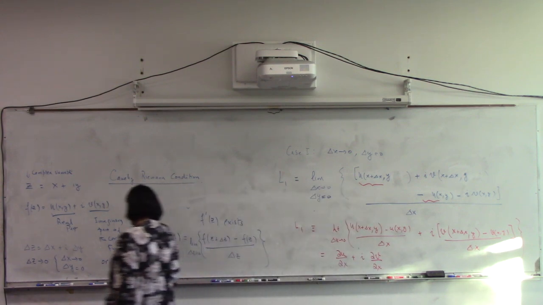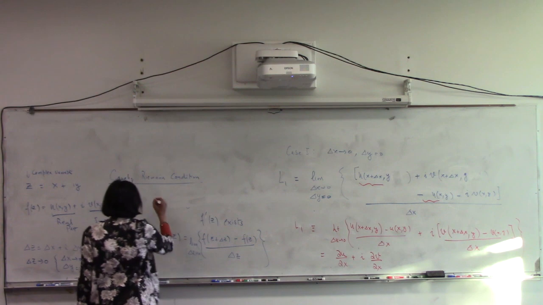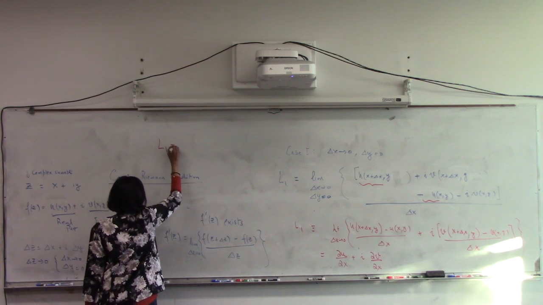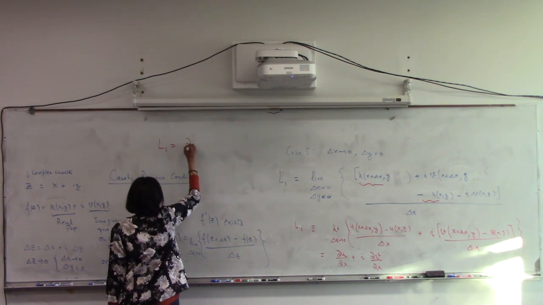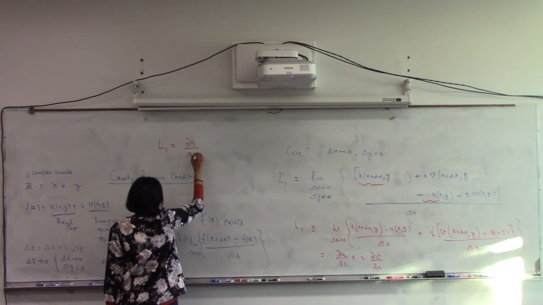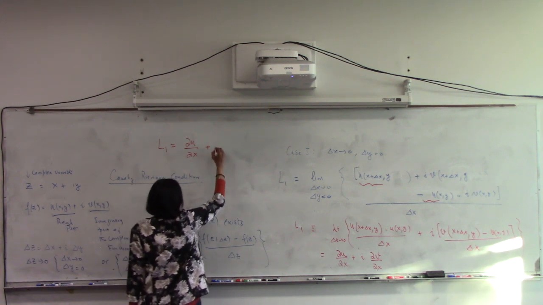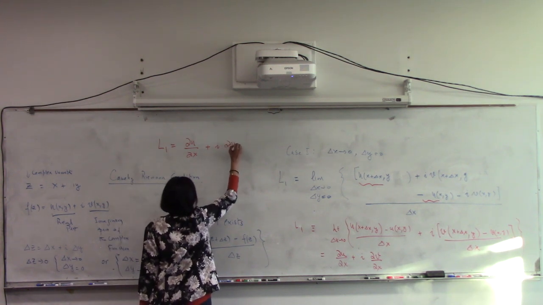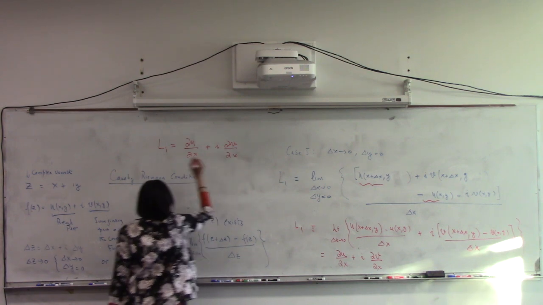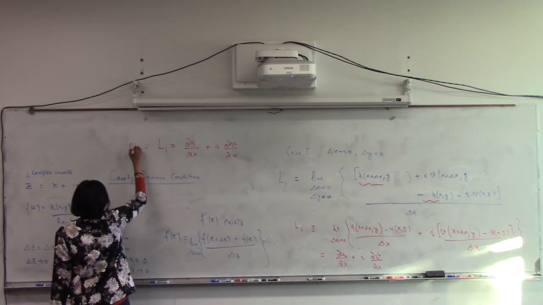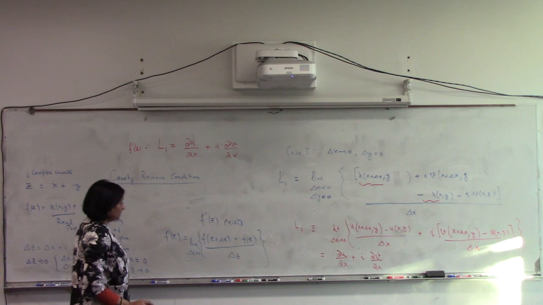So I have that result that L1, the first limit, is nothing but partial u with respect to x plus i partial v with respect to x. So this is what the first limit says.